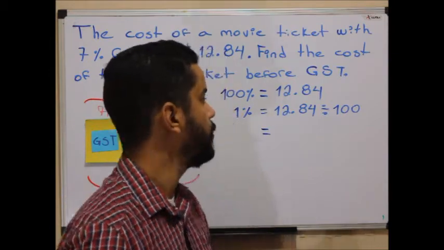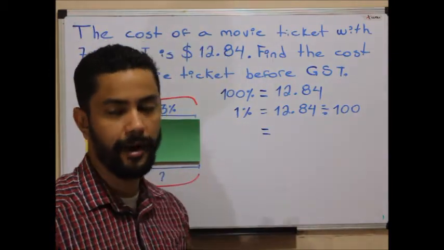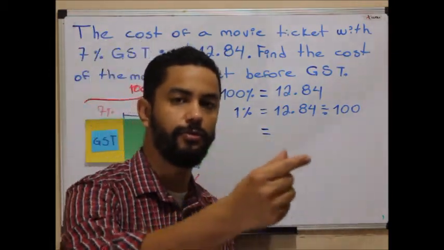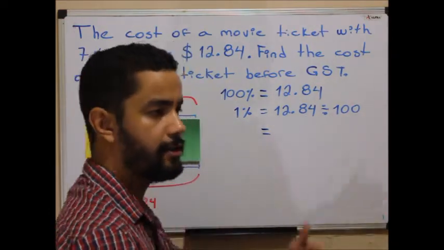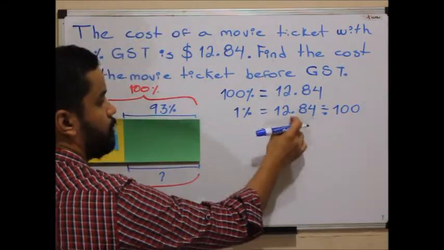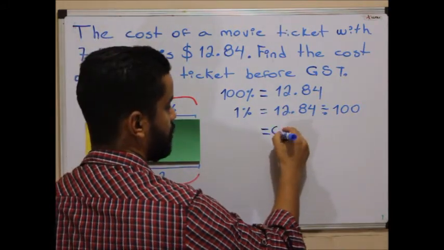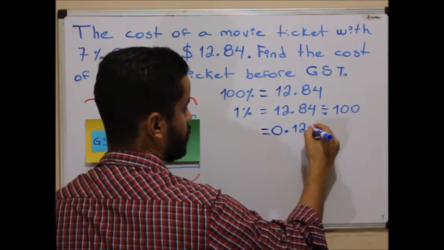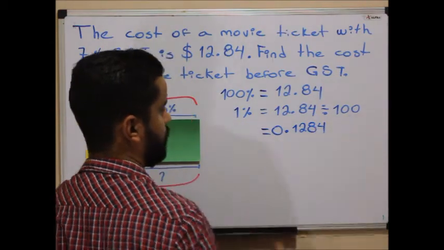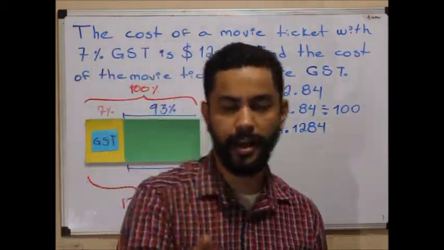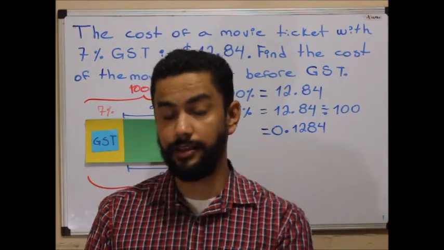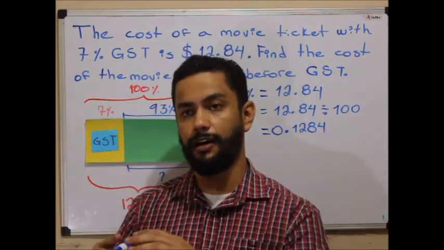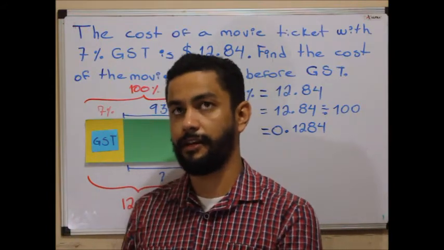We are dividing that by 100, so that means that we're going to move our decimal point twice, but to the left. So 1, 2, giving us 0.1284. There it is. Now we already have the 1%, so it will be easier for us to find the remaining 93%.